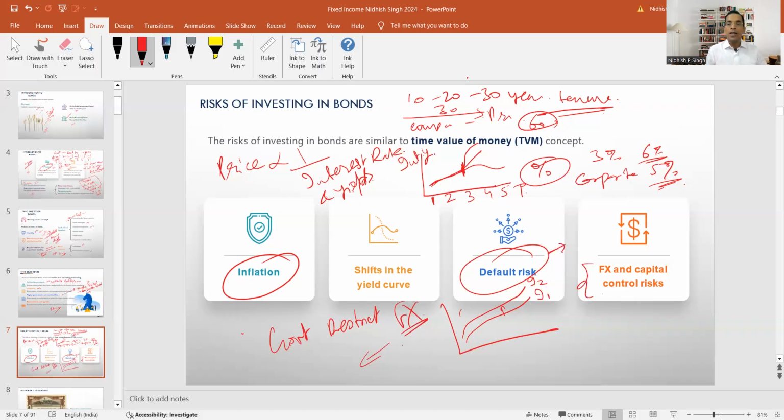And these are mainly central bank and regulatory activities which can restrict the buying and selling of foreign currency denominated bonds. If it is for the same country, in the same currency, that's not a problem. But if it is in foreign currency, this factor can become an issue. So there are additional risks that we must consider while investing into bonds.